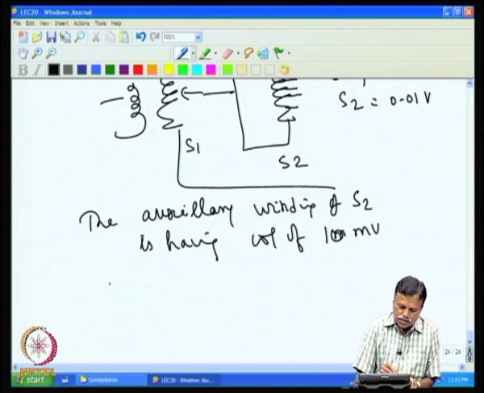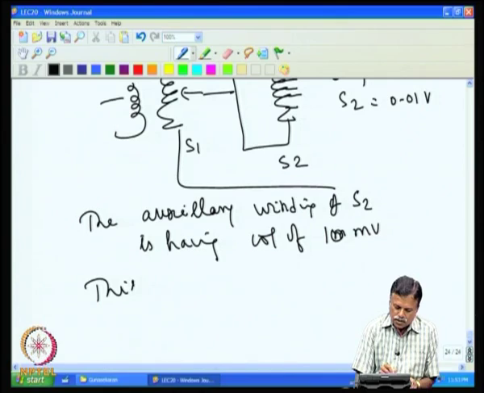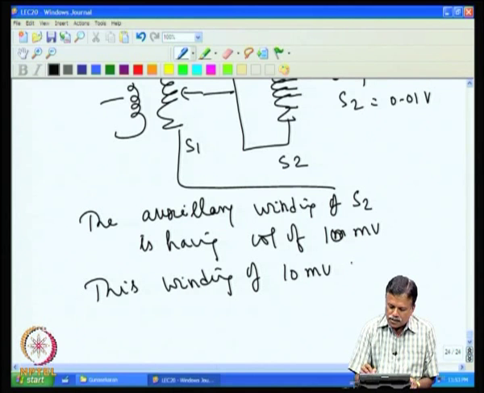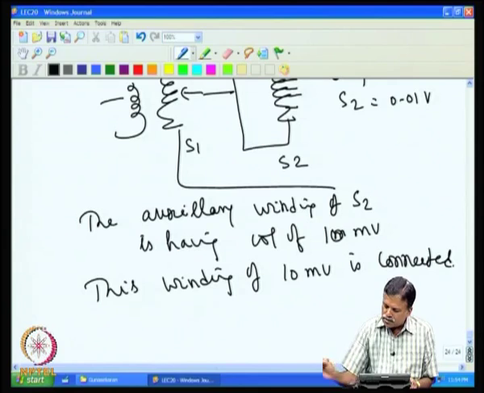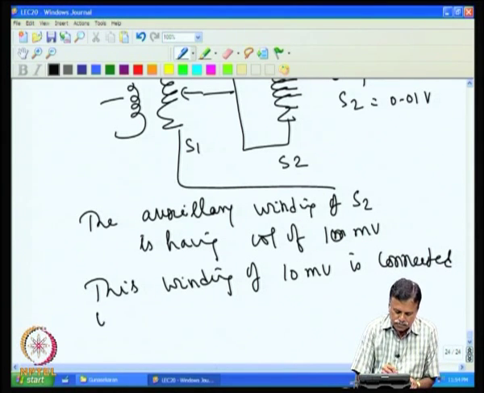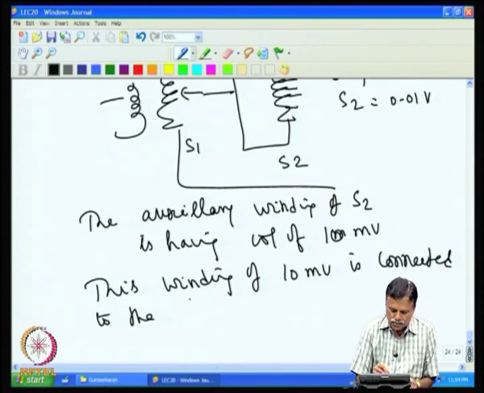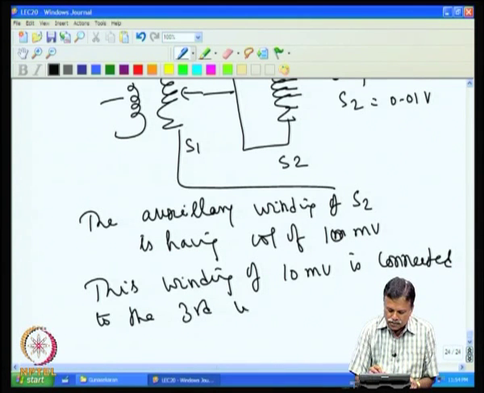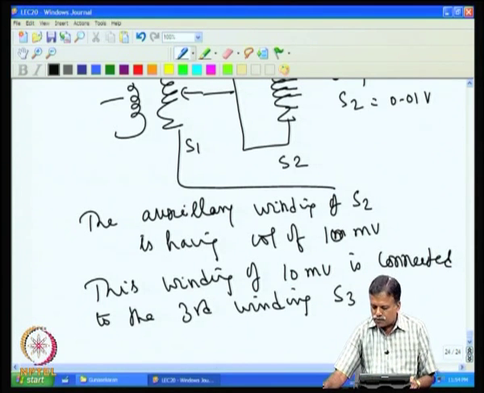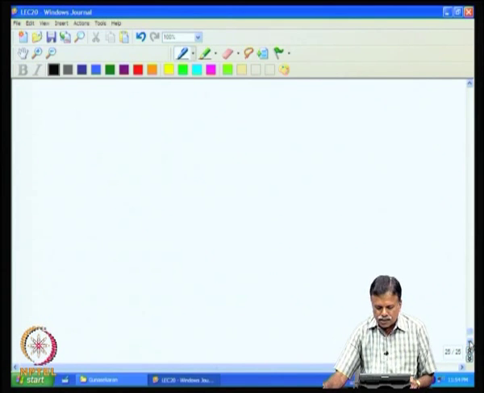This winding of 10 millivolt is connected to the third winding S3. So, essentially if you look at this, we have three windings.